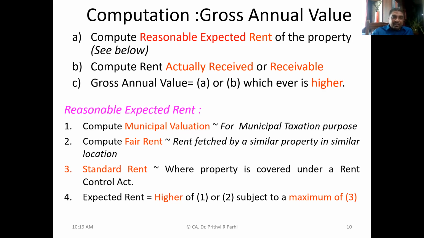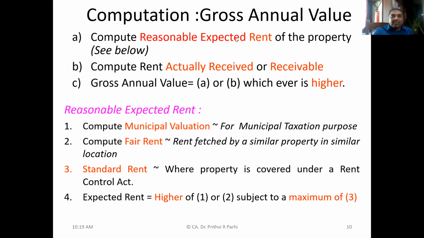And what is your expected rent? Expected rent is the higher of 1 or 2, but subject to a maximum of 3. Meaning, it is the higher of municipal valuation or fair rent, but subject to the maximum of standard rent. That is called the reasonable expected rent. So we are talking about how to compute this A, reasonable expected rent.